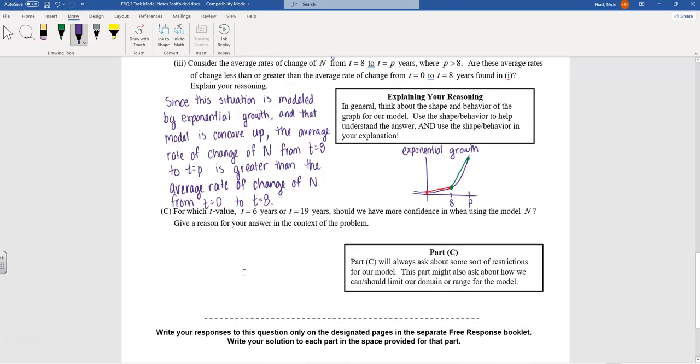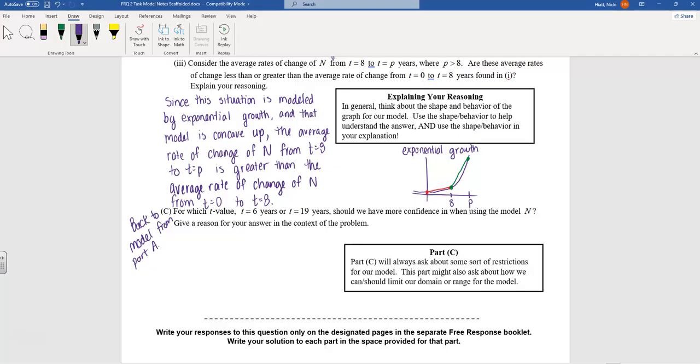Okay? All right. Part C is going to go back to the exponential model. So you're not using average rate of change. We're back to the model from part A. That middle part is all linear, right?